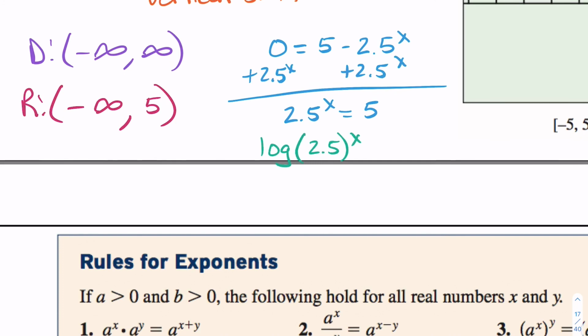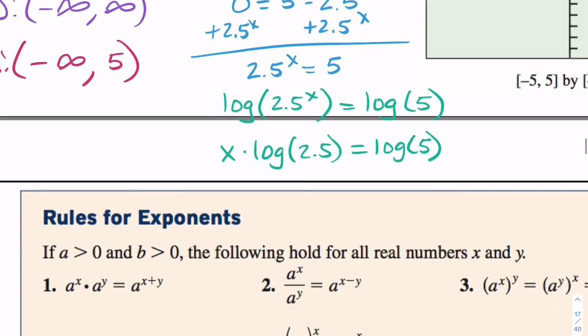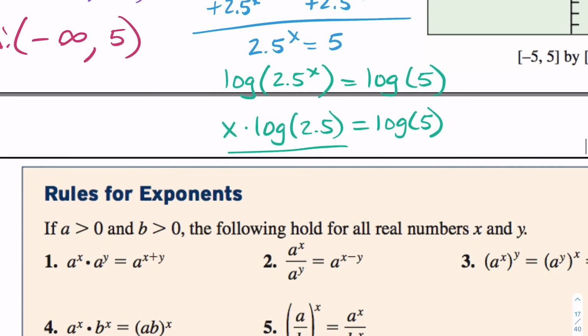I'm going to log 2.5 to the x, and I'm going to log 5. And so the x will drop down. So I'll have x times log of 2.5 equals log of 5. And then I'm going to divide both sides by the log of 2.5.